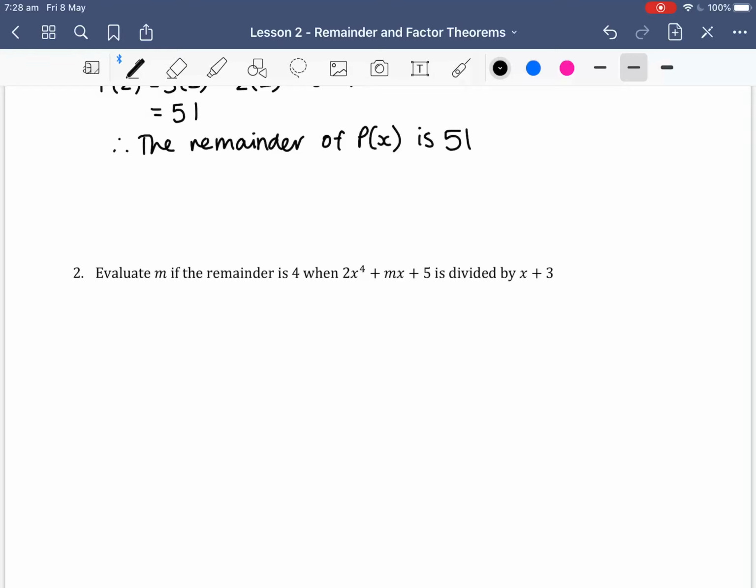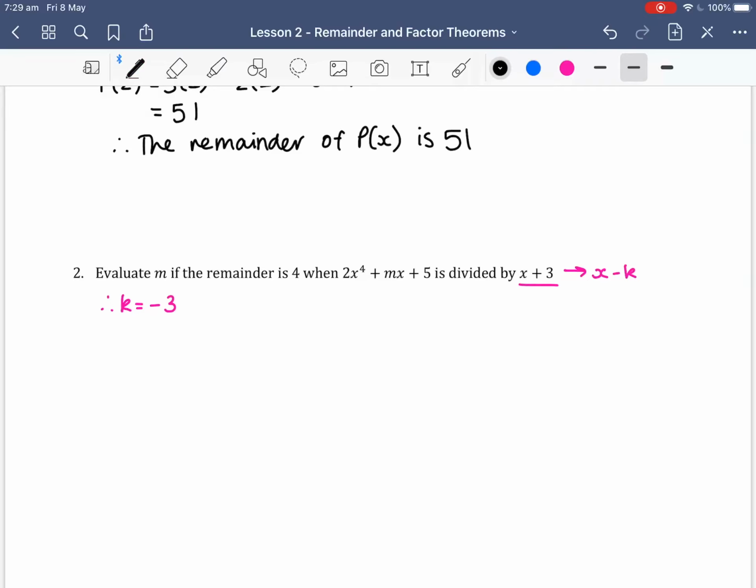Moving on, we want to evaluate m if the remainder is 4 when 2x to the power of 4 plus mx plus 5 is divided by x plus 3. So we have our x plus 3 here, so that means we'll have x minus k, therefore our k is going to equal negative 3.